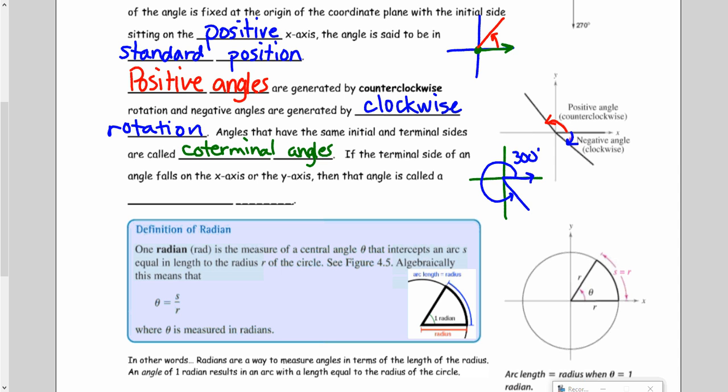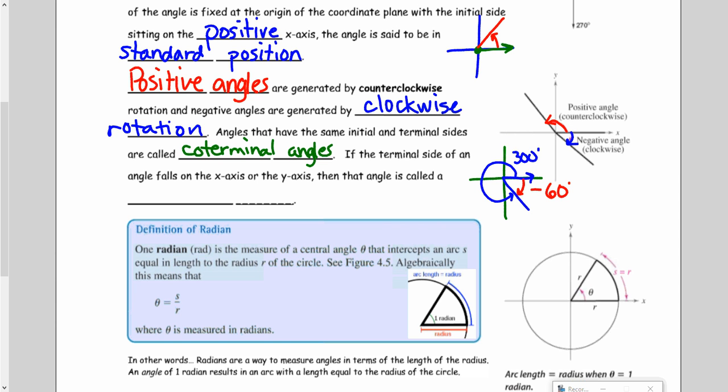To be coterminal with that, I could have gone the other way instead, which would be negative. How far would I have to go to end in the same spot? I'd have to go 60 degrees, because the whole circle all the way around is 360. Coterminal angles just have to start and end in the same spot.